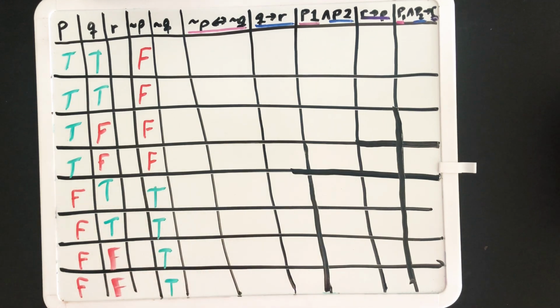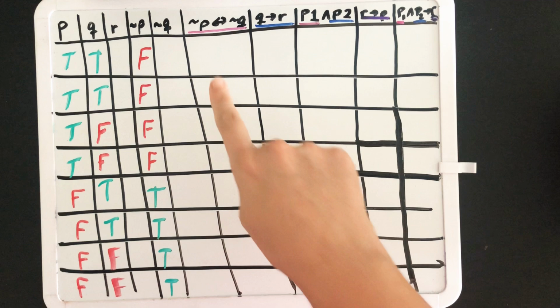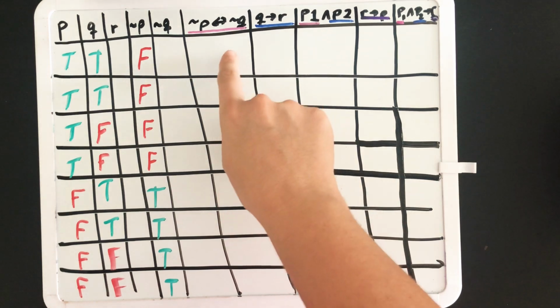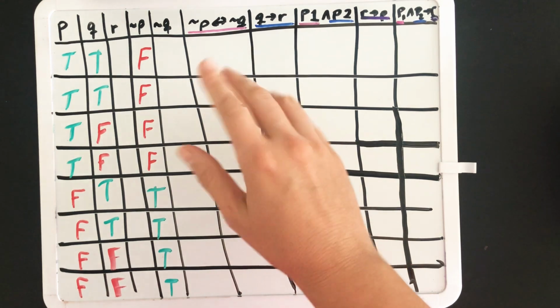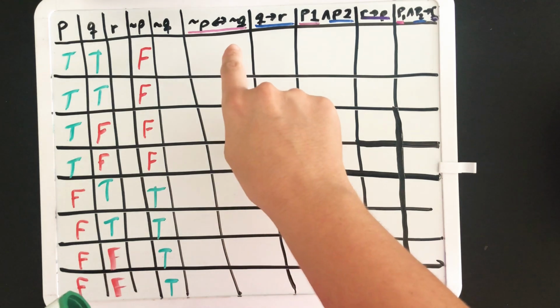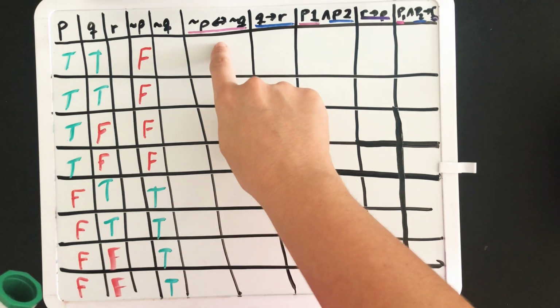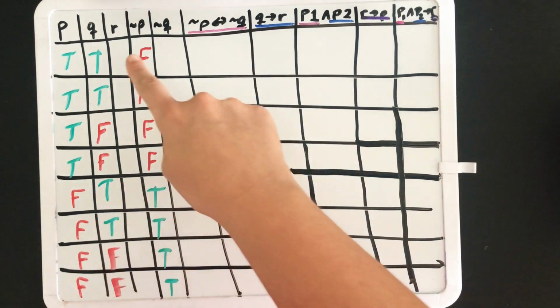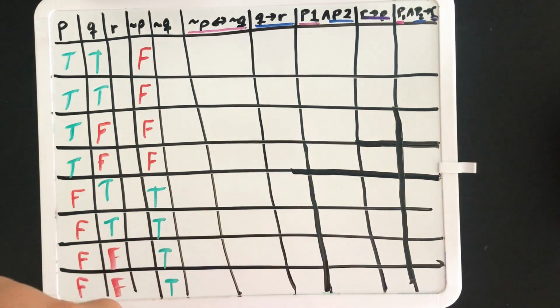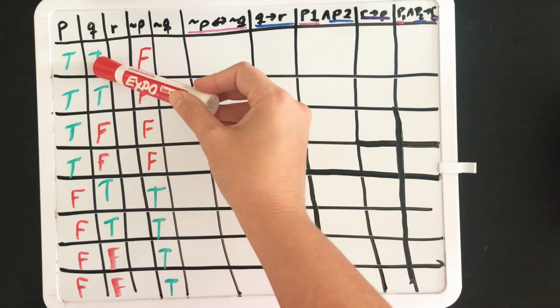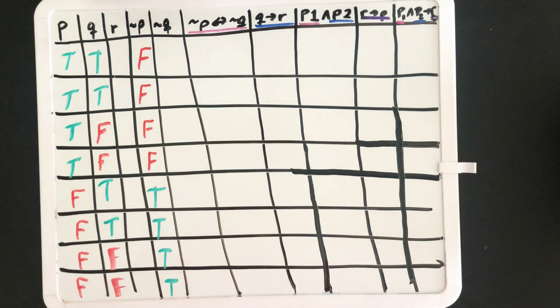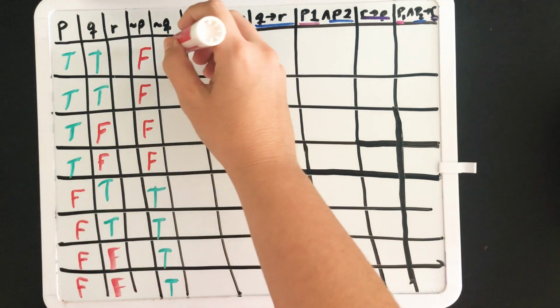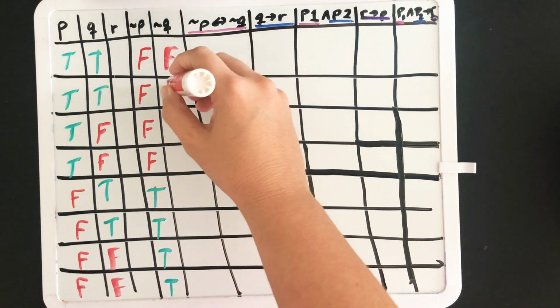There we go. Okay, so now I'm almost able to complete premise 1, which I decided to label in pink to keep things organized here. So for premise 1, I need not P, if and only if, the biconditional here, not Q. So if I have the Q column, I can get the not Q column by simply negating it. So instead of a true, I put a false. So for the first 2 in this column for not Q, we have false, false.